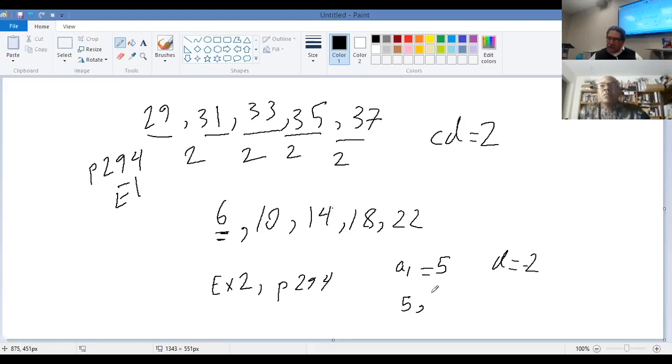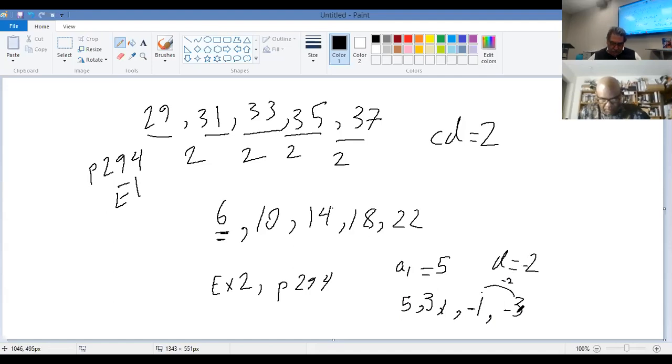What should be the second term? 3. The next term? 1. The fourth term? -1. You go 1 to 0 and 0 to -1. What should be the next one? -3. The difference between -1 and -3 is -2. You keep going down by 2 units.